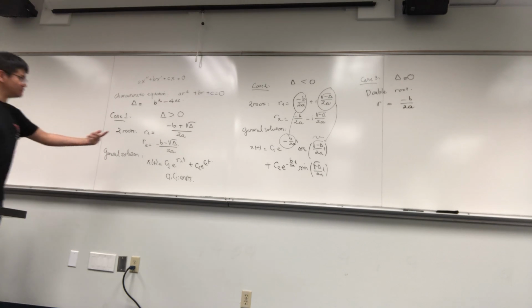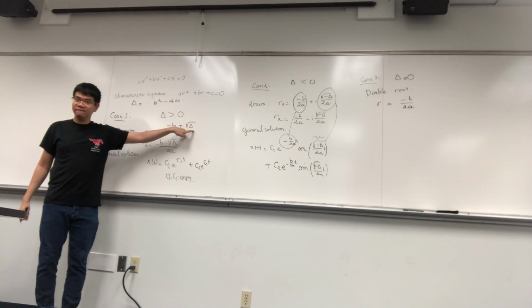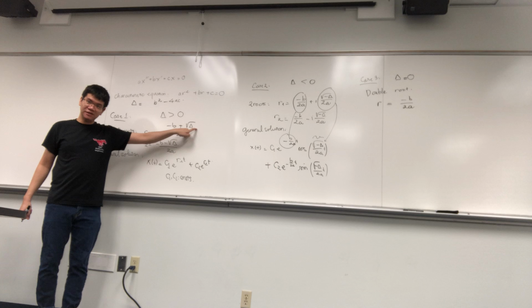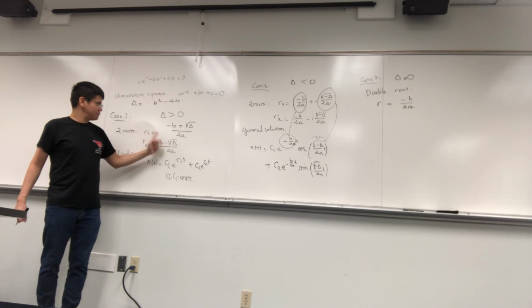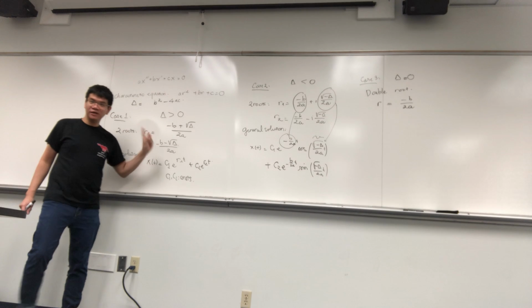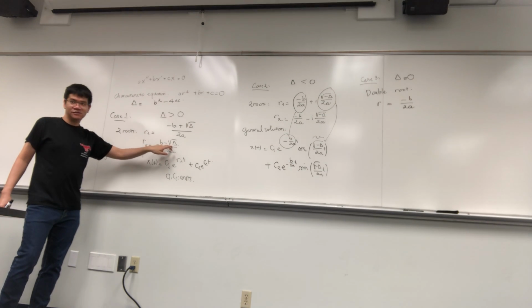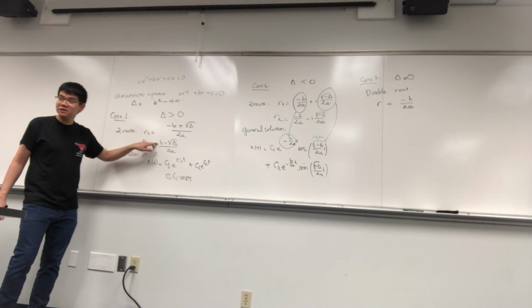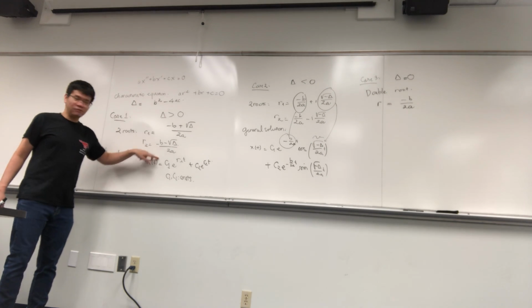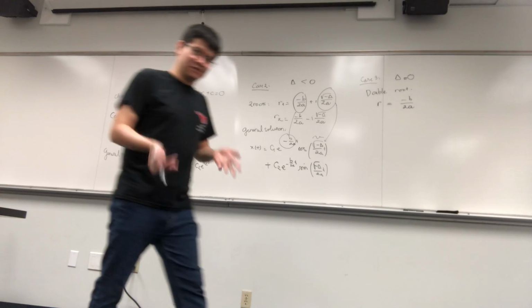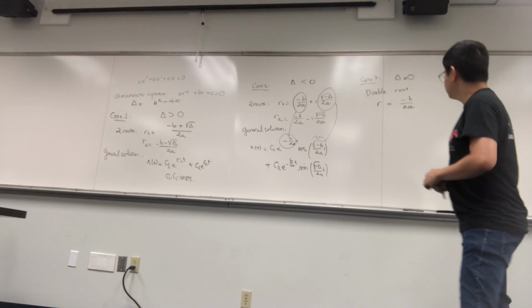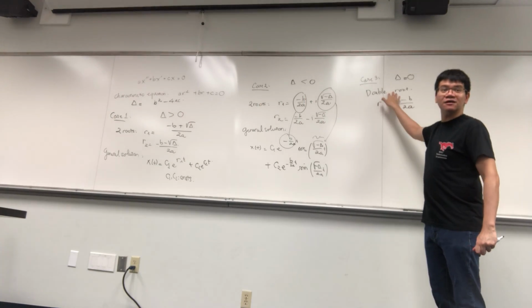This is easy to see because you replace delta to be 0 here. When you replace delta to be 0 here, this is going to be 0. What you have from r1 is minus b over 2a. And when you replace 0 here, you also have minus b over 2a. Basically, when delta is 0, r1 and r2 are equal. Because they are equal, I said that this is the double root.